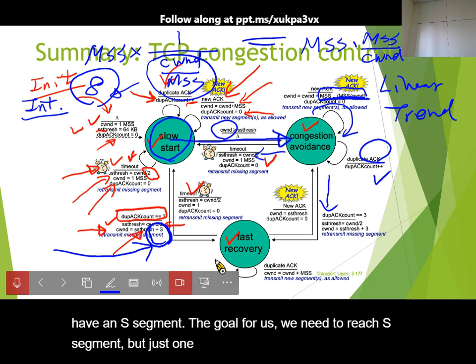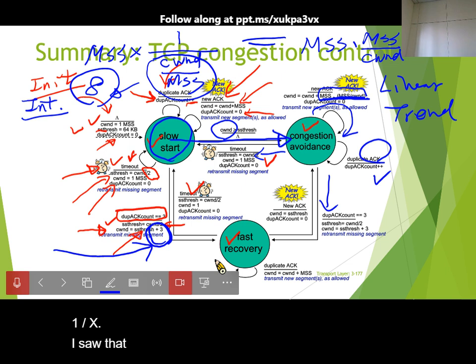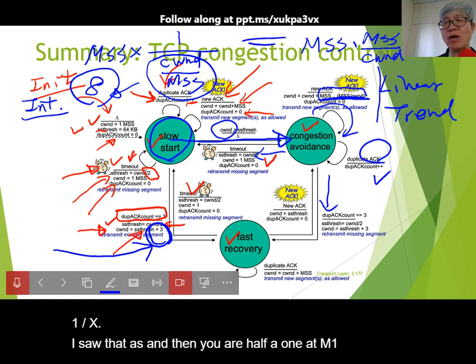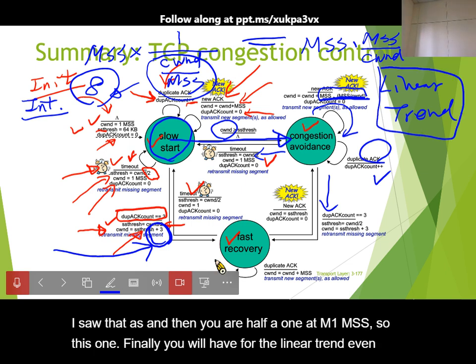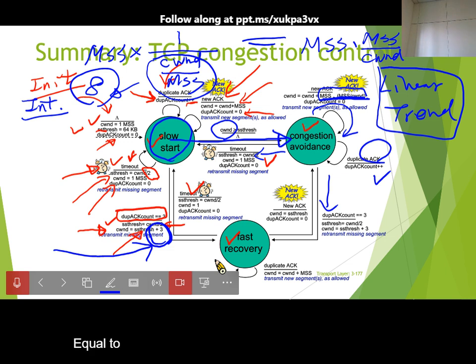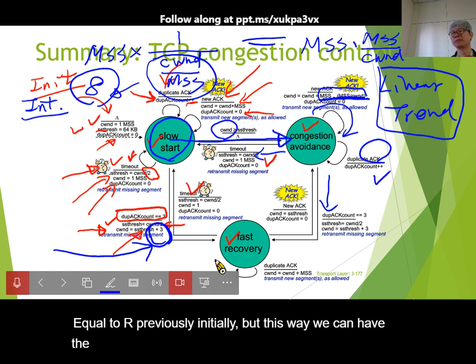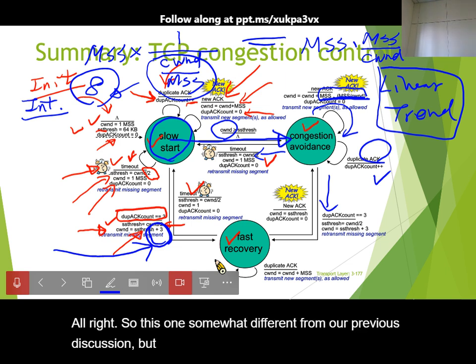So once a new ACK arrives, you increase by 1 over 8. And so after 8 ACKs, you will have 1 MSS. So finally, you will have the linear trend. Even though this linear trend is not simply equal to our previous linear trend, this way we can have the approximate linear trend. So this is somewhat different from our previous discussion, but we still use this way to have the linear trend.